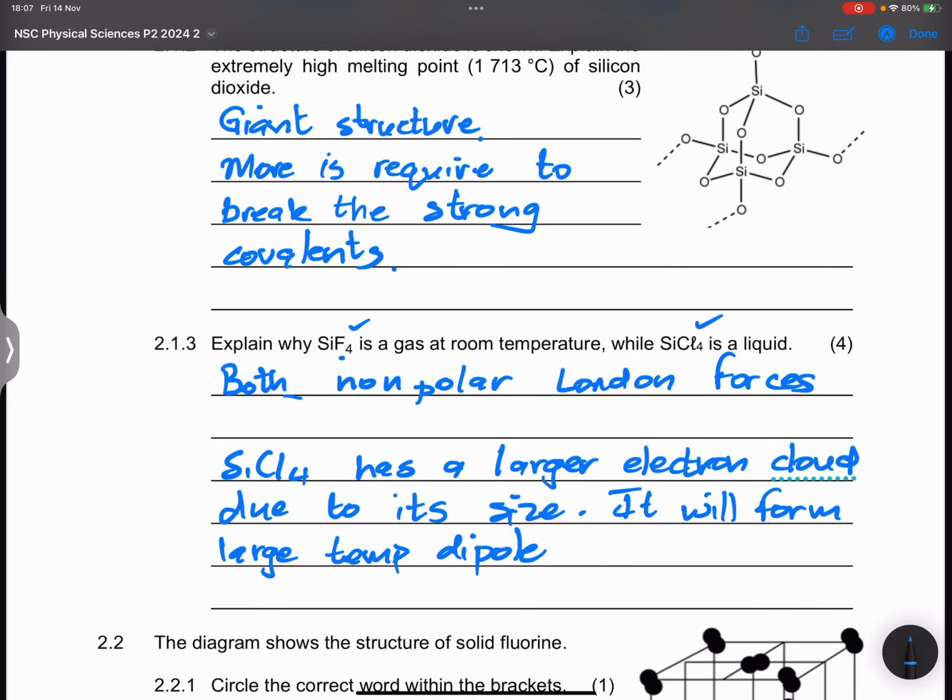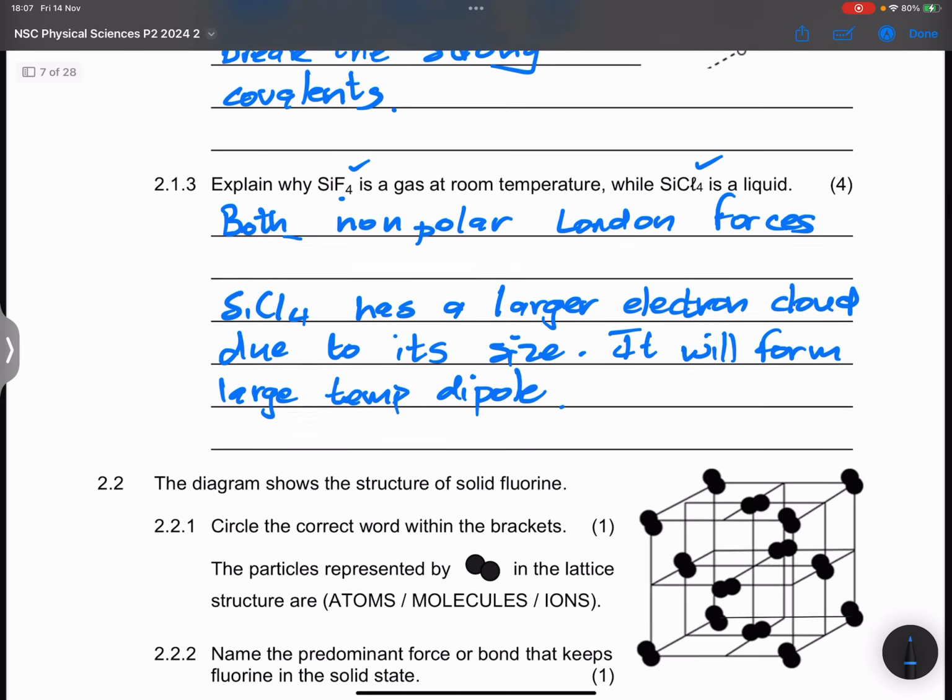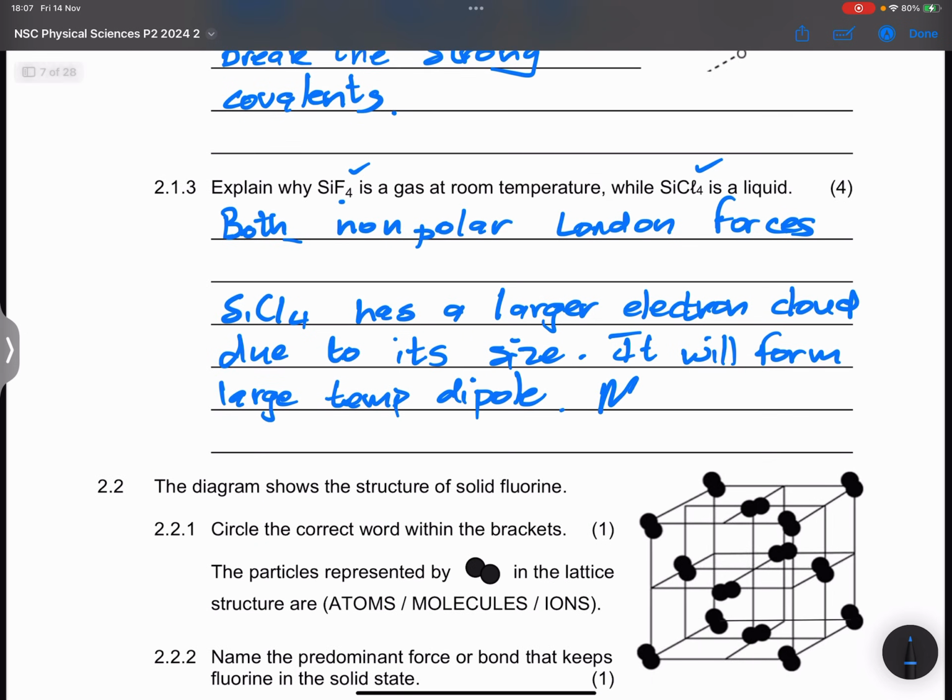Okay, right, so that's very important. So as a result, more energy will be required. You'll see every time we talk about intermolecular forces, we always end up with the statement, more energy is required.